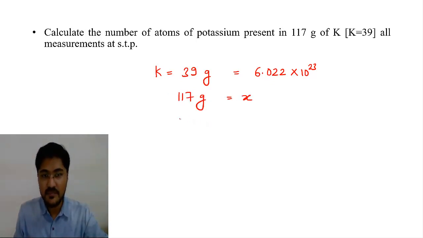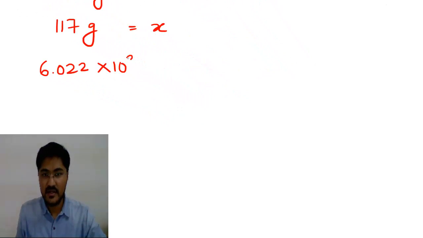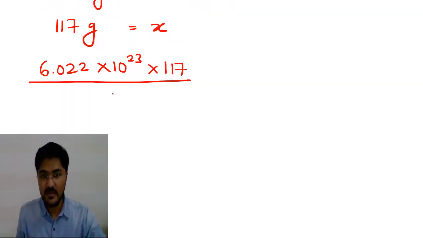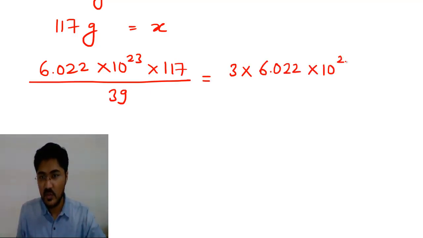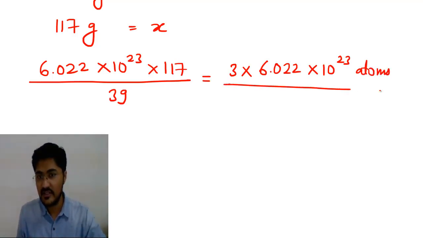It's a very simple question. You get 6.022 × 10^23 × 117 divided by 39. Once you simplify, you get 3 × 6.022 × 10^23 atoms, and this will be your final answer.